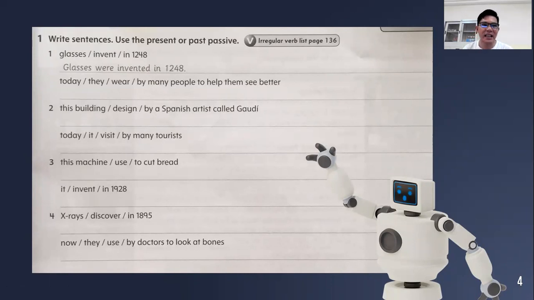First sentence, glasses were invented in 1248. That's the past. So your answer must be in present or vice versa. Again, if your first answer is past, your next answer would be present. If your first answer is present, your next answer would be past passive. Okay? You can pause this video and write your answer.